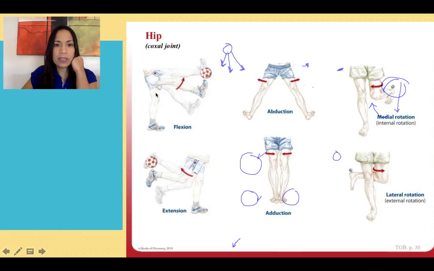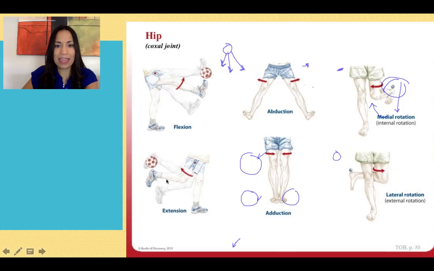In here, see, this lower limb is extended, the hip and the knee. In here, the hip is flexed, but the knee is extended. In here, abduction, right? The hips are abducted. In here, let me go in order. In here, this is extension of the hip, moving the thigh posterior to the hip joint.